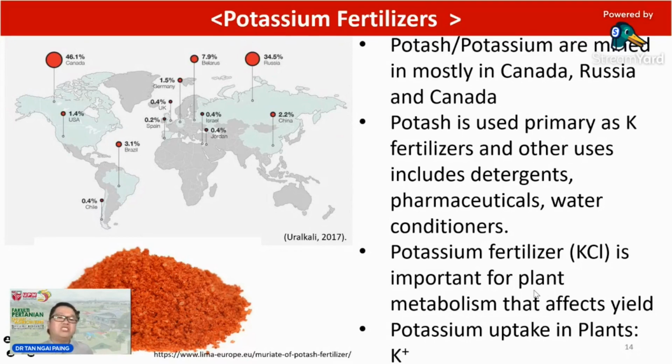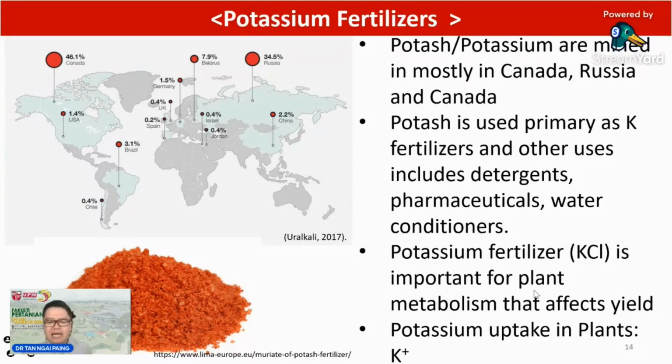So you can imagine, with the military crisis happening in the previous Soviet Union area, including Russia, it affects the flow of potassium fertilizers. These potassium fertilizers are also mined like phosphate, but they are much more concentrated and are only in Russia and Canada. And if you go to an agriculture shop, normally they will sell you something like MOP.